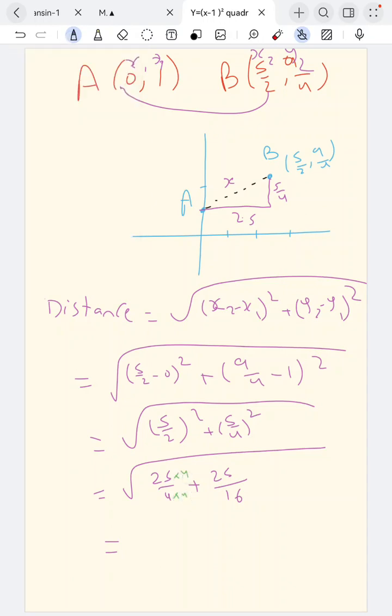So the square root of 100 over 16 plus 25 over 16, which is the square root of 125 over 16.